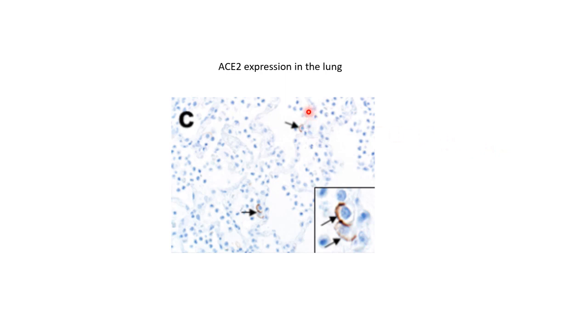Notice very few cells are shown to express ACE2 in this section. And in particular, notice that the staining is polar. It is not all over the cell. It is on certain areas of the cell.